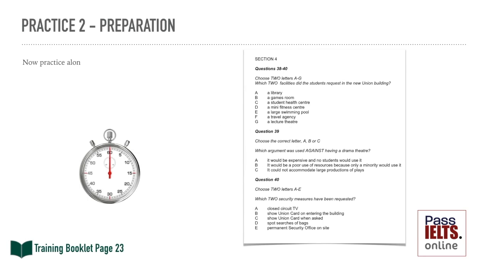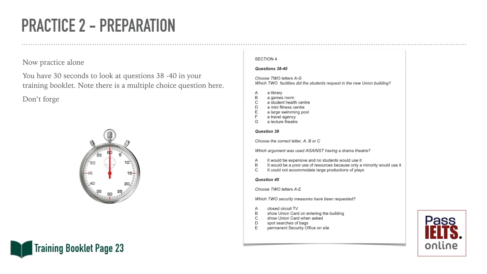Now you have a chance to practice alone, and after we will go through the answers together. Go to Lesson 8, Practice 2 in your training booklet. You now have 30 seconds to look at questions 38 to 40 in your training booklet. Please note there is a multiple choice question in between the 2 choosing option questions. Don't forget to follow the preparation steps. I'll tell you when the time is up.